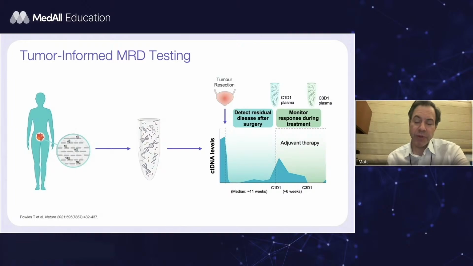This assay involves whole exome sequencing of a patient's primary tumor, identifying up to 16 alterations using that DNA sequencing data, and then designing a bespoke PCR-based assay to identify those 16 alterations in plasma samples to try and detect minimal amounts of ctDNA that's informed by a patient's primary tumor specimen.